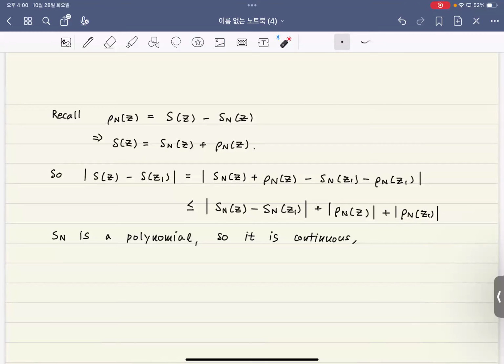On the other hand, now I need to find some bounds for these two remainders. How can I do that? First, let me try to find the bound of this one. We choose a number, which I will call R0. I want it to be less than the radius of convergence of the original power series, but greater than the distance from the center of the power series to this point.